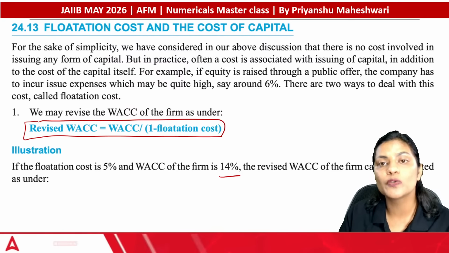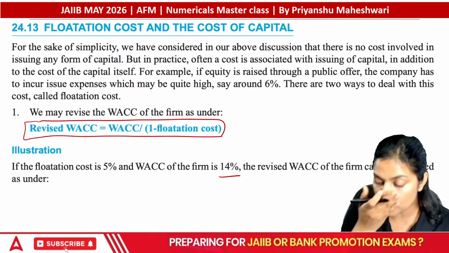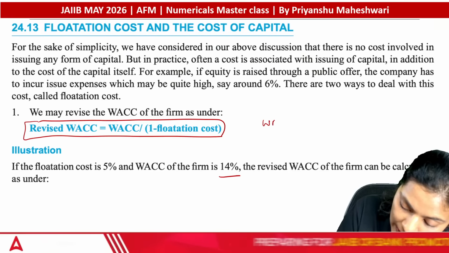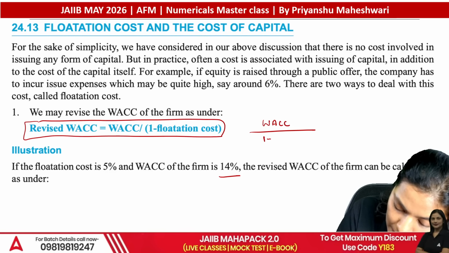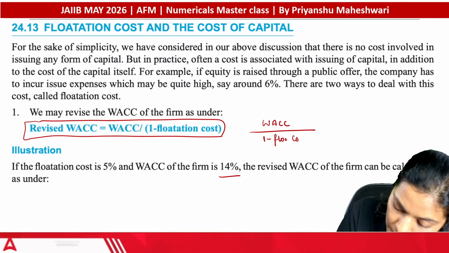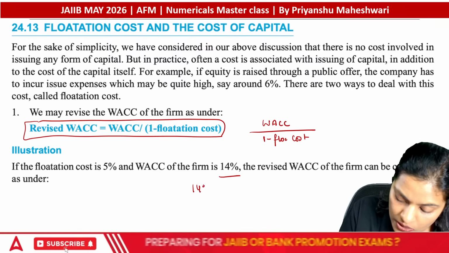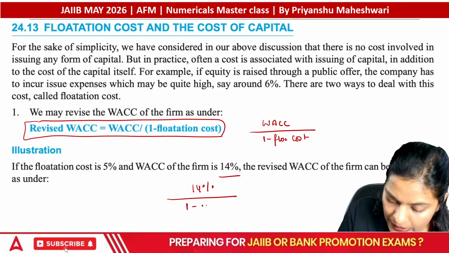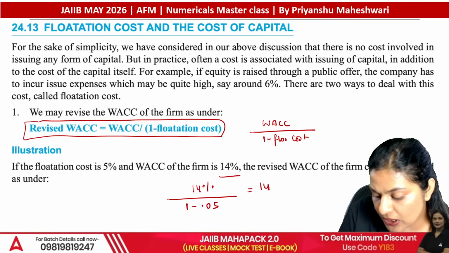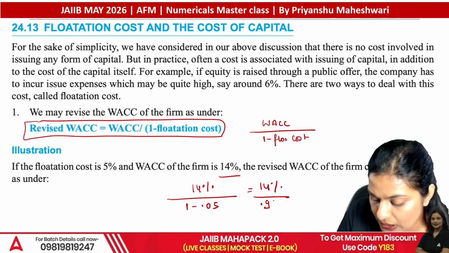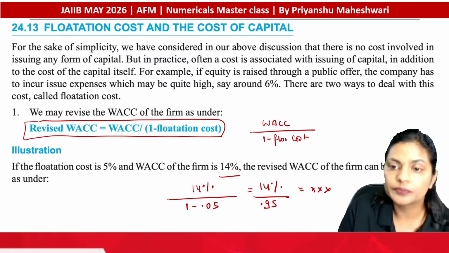Some funds would go towards the cost of raising the capital. So, the formula is weighted average cost divided by 1 minus flotation cost. Correct? So, if my weighted average cost is 14%, 1 minus 0.05, that is 14% divided by 0.95, whatever the answer comes.